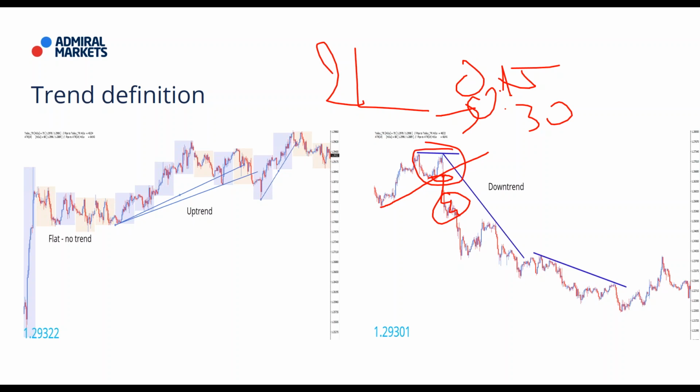Just place a trend line and watch how it goes. This is a strong downtrend, this is sideways chop, this is a weak downtrend, this is a very strong downtrend. Usually all of these market movements are defined by trend line breaks and or moving averages. That's also very important to know.